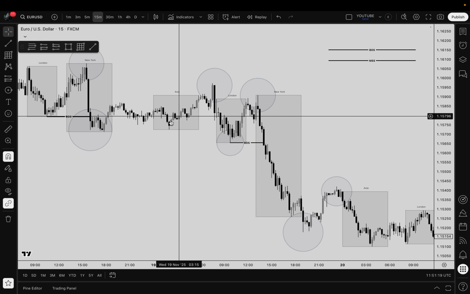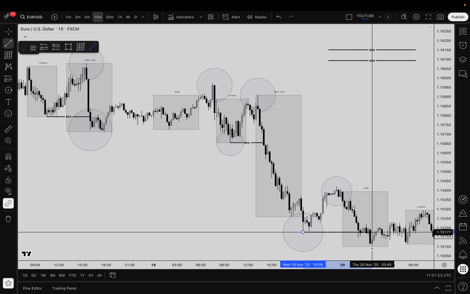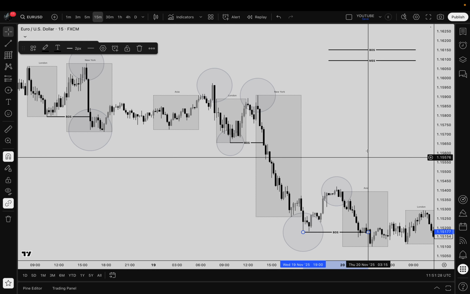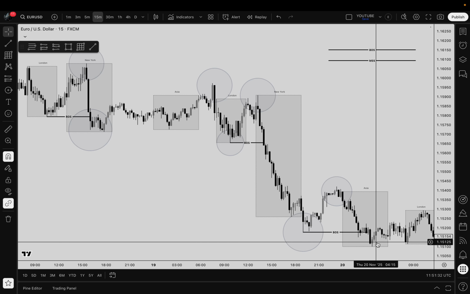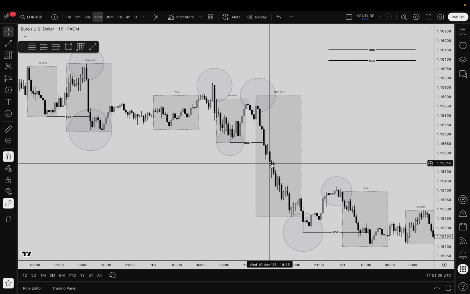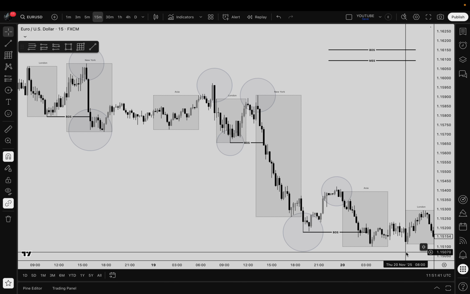So this is a break of structure, okay? Next, this low here that I've marked out, this new low that we said before, is a break of structure. So this is a continuation of the trend, okay? Pretty much it's just breaking its previous leg, which is called a break of structure. It's breaking it and continuing down in the trend, okay?